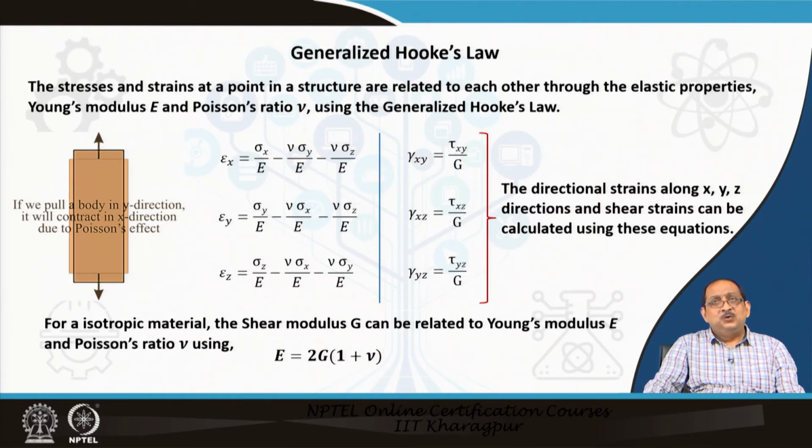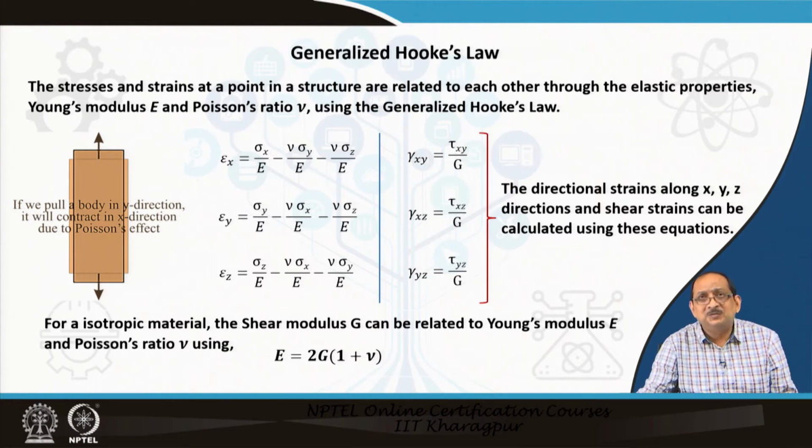The stresses and strains at a point in a structure are related to each other through the elastic properties, Young's modulus and Poisson's ratio, using the generalized Hooke's law. Actually, the strain along one particular direction is not only due to the stress along that particular direction, but it also accounts for the stresses along the other two orthogonal directions as indicated in the generalized Hooke's law.